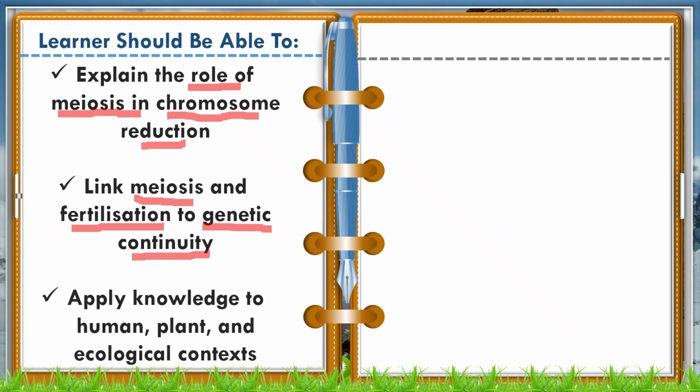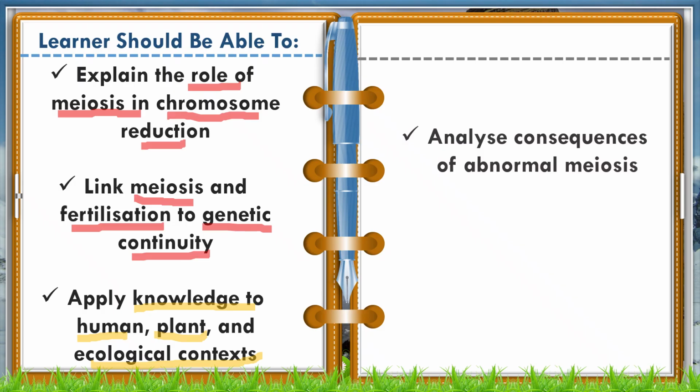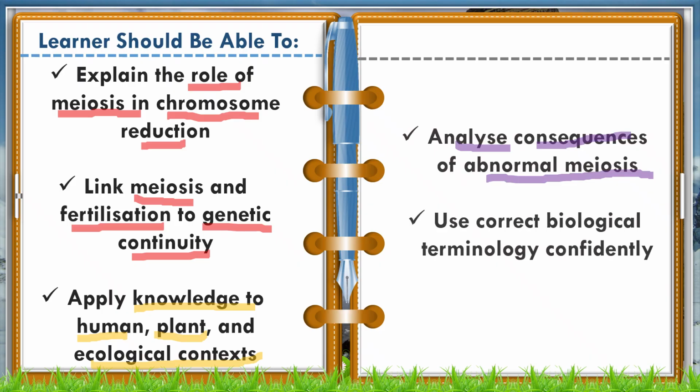You should be able to apply the knowledge to human, plants, and ecological contexts. You should be able to analyze consequences of abnormal meiosis, and use correct biological terminology confidently.